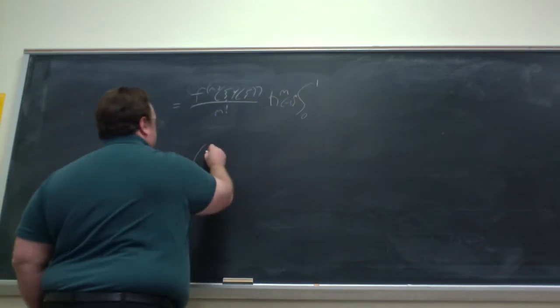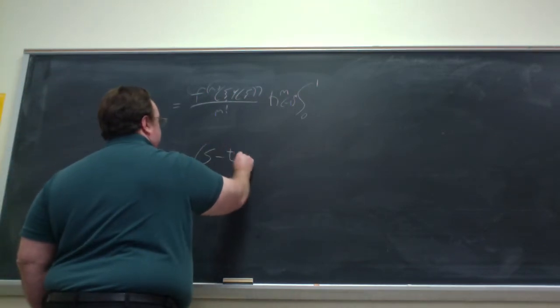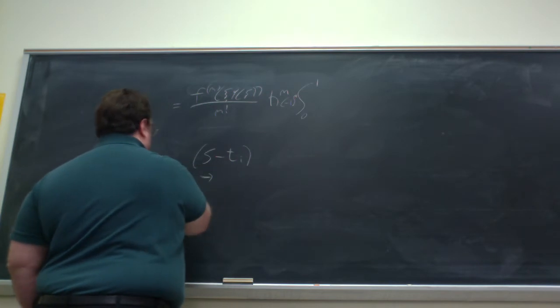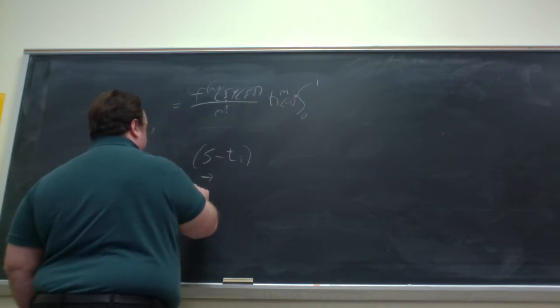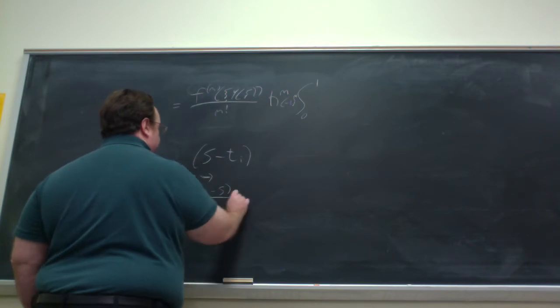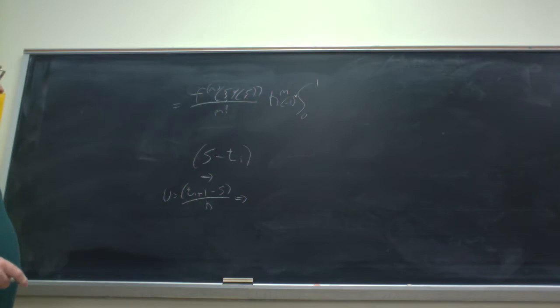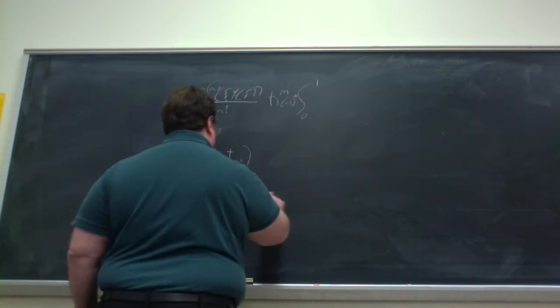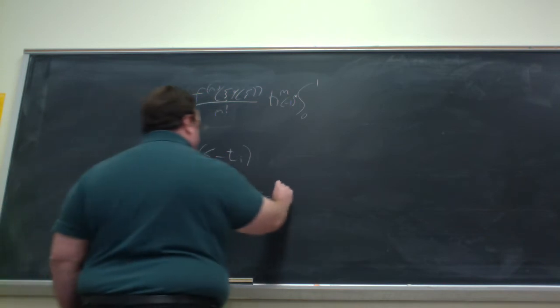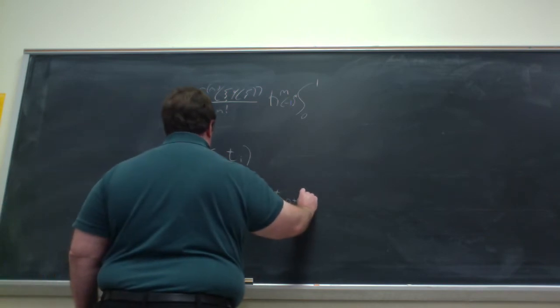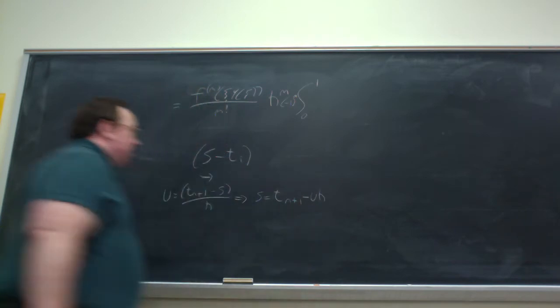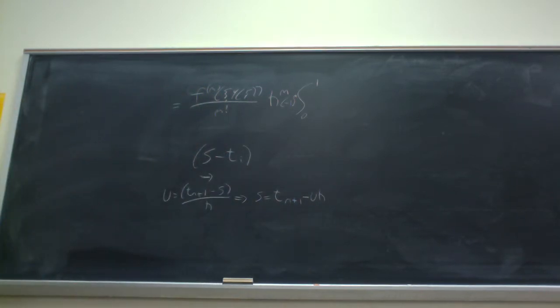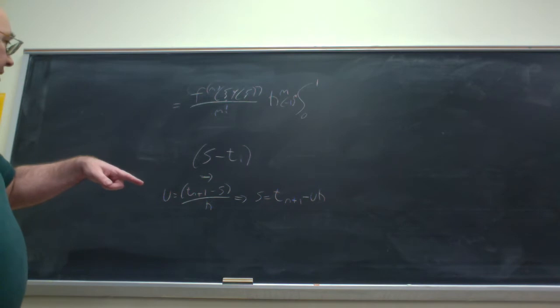Because if you have s minus t_i, but we have a change of variable, u is t_{n+1} minus s, all over h. So if I take this and solve it for s, s is equal to t_{n+1} minus u h. So what happens, let's see, do I have that right? Yes.